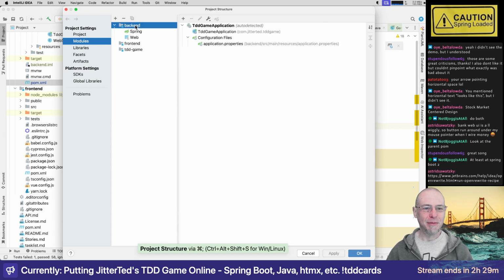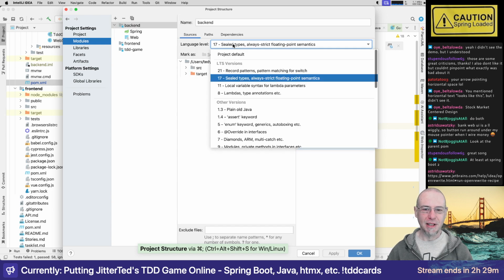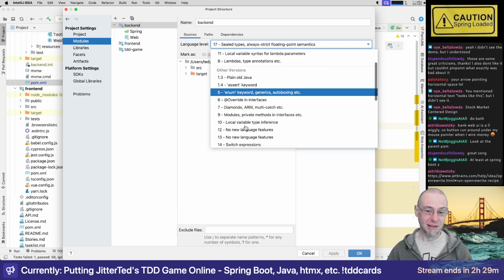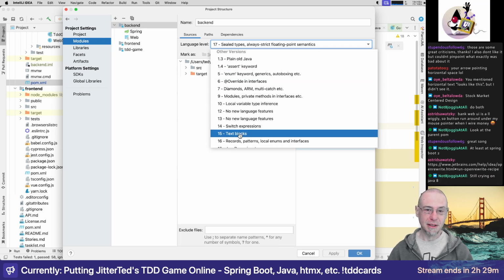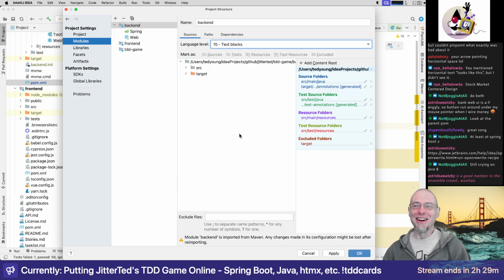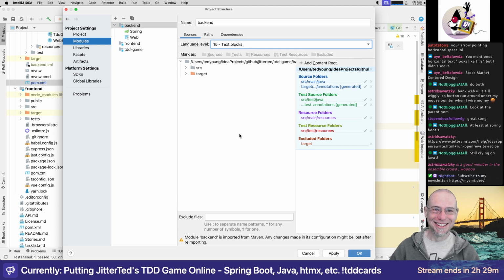Let's see. Backend. Let's go. I don't think I can go back to 15. Well, I guess I can. I think because I was using text blocks. So Java hates, I'm sorry. Here I'm complaining that I can only go to 15. Let's try that.